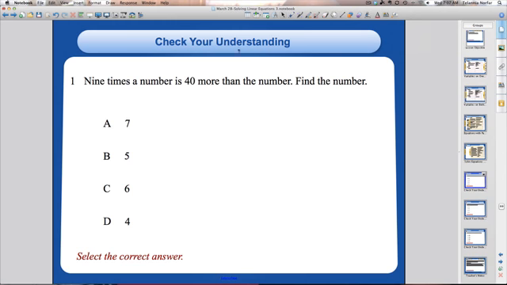First, hopefully you set up the equation correctly. It is saying 9 times a number, so that's 9x. Is means equal. 40 more than a number. More than means plus. So 40 plus x.